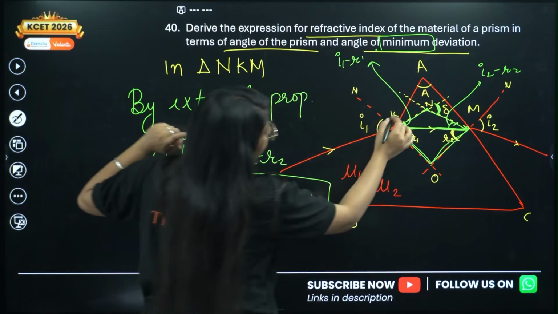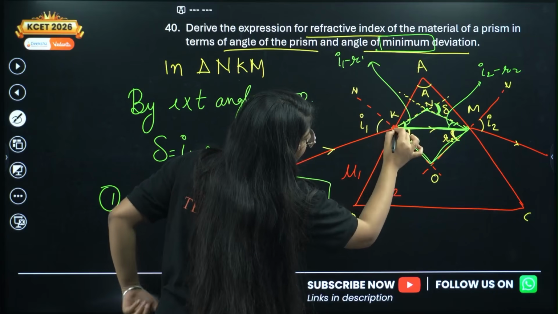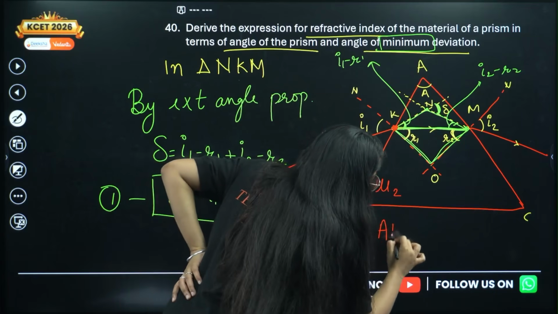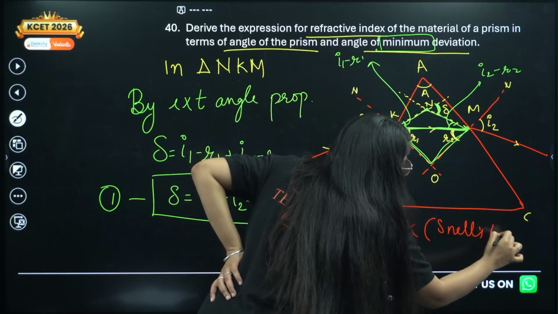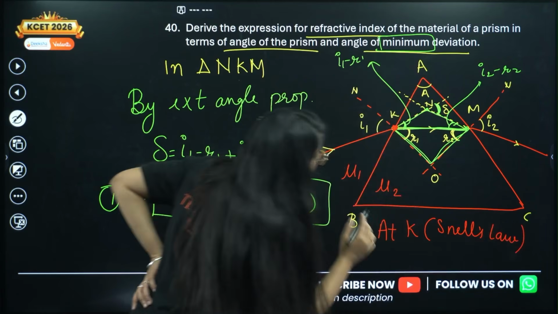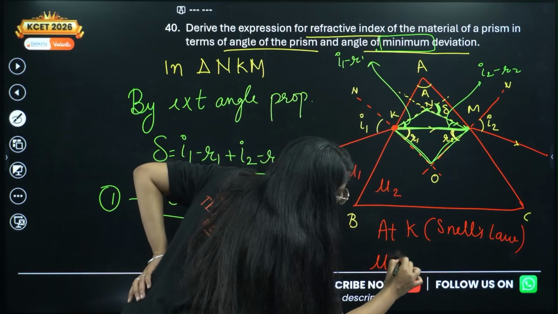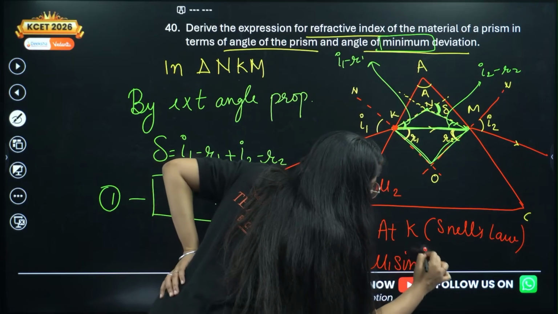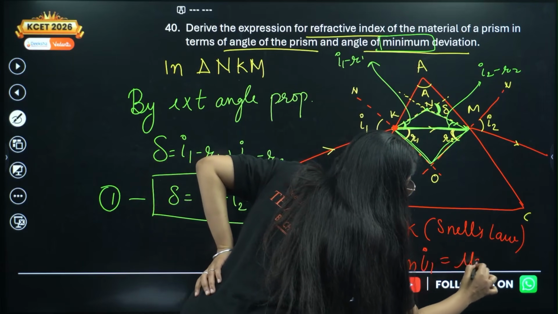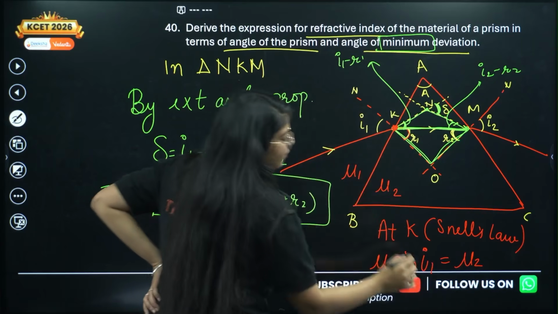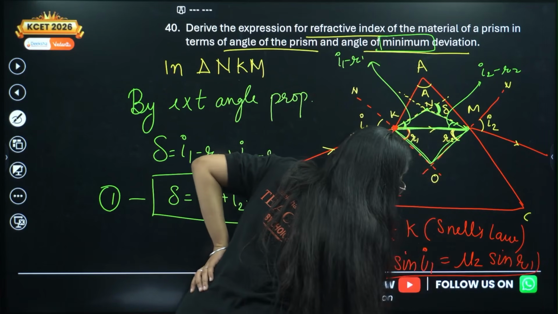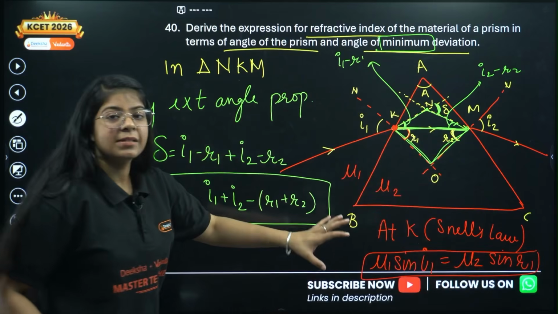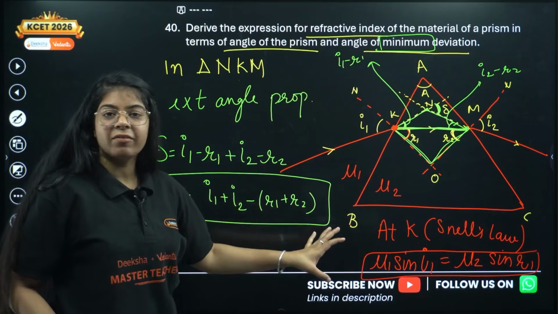So Snell's law at the point K, we are applying Snell's law. So Snell's law will be what? Mu1 into sine I1 will be equal to mu2 into sine R1, the refracted angle. Is this understandable? Till here everything is true.